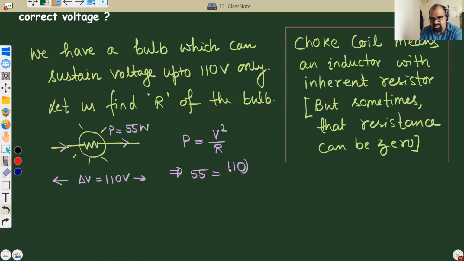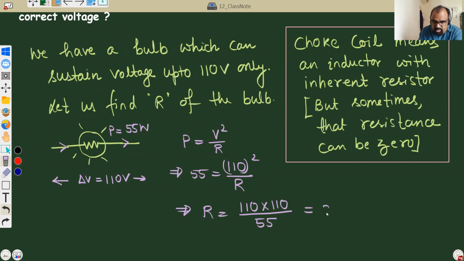V is 110, square, is equal to 55 R. So R will be 110 into 110 divided by 55. That comes out to be 220 ohm. So now we know the resistance of this bulb. Is that correct? Have I done any mistake here? No, seems to be correct.